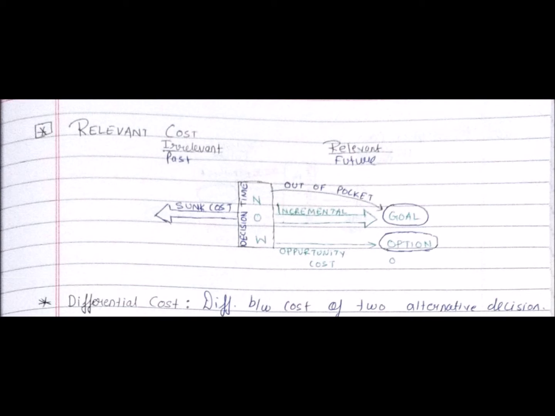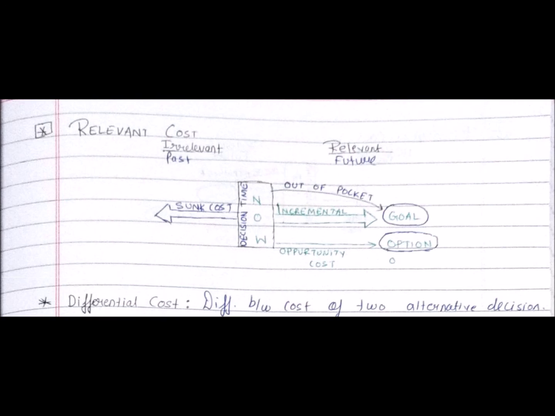It's irrelevant. Now to achieve that goal, some amount of money we have to pay. So that's incremental cost. The cost that is going out of our pocket to achieve that goal is out of pocket cost, and we might have a different option rather than this. What amount of profit we would have earned if we had used that option is called opportunity cost.